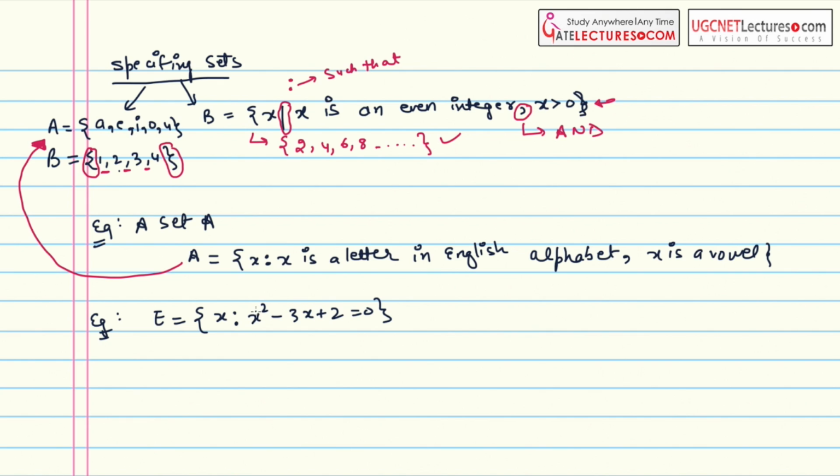In this case, E consists of those numbers which are the solutions of this equation, and sometimes it is also called the solution set of the given equation. Since the solutions of the equation are 1 and 2, this set E is going to contain the elements 1 and 2.